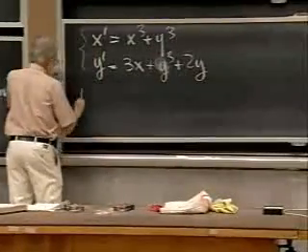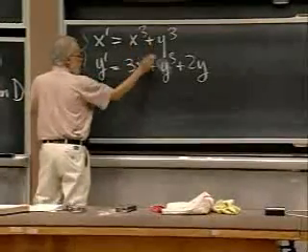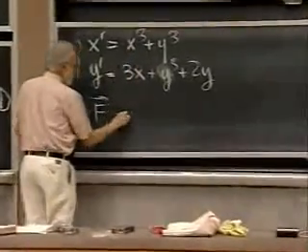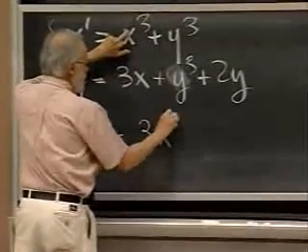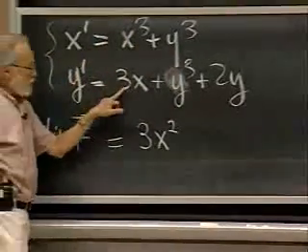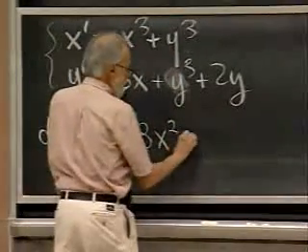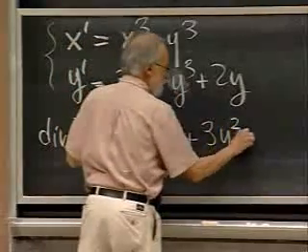Let's calculate the divergence. The divergence of the vector field, whose components are these two functions, is, well, 3x squared. It's the partial of the first guy with respect to x plus the partial of the second guy with respect to y, which is 3y squared plus 2.